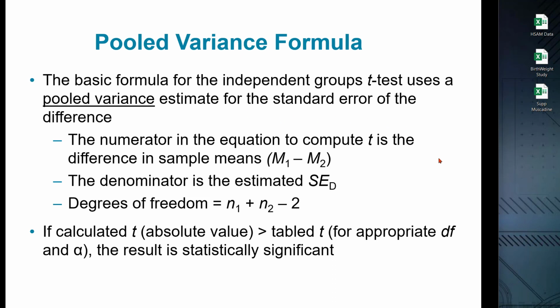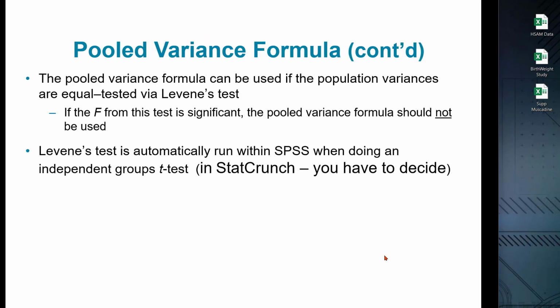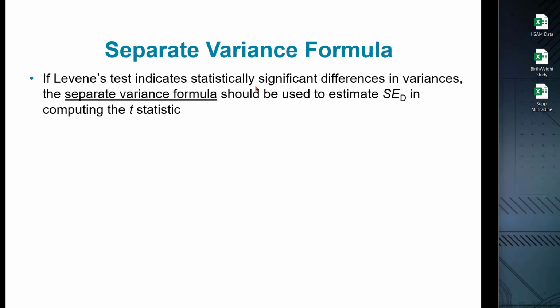A quick assumption here is that this test can be used when the sample sizes are equal, as that can signal little variance between the groups. The separate variance formula is another form of the independent groups t-test which takes into account the separate variances of the two groups. This formula is especially useful when the assumption of equal variances is violated, or when we have reason to believe that the variances of the two populations are different.